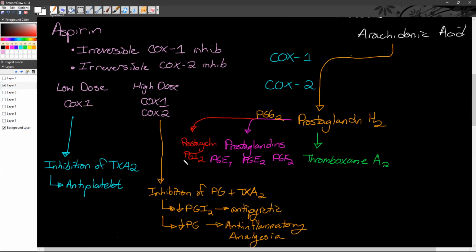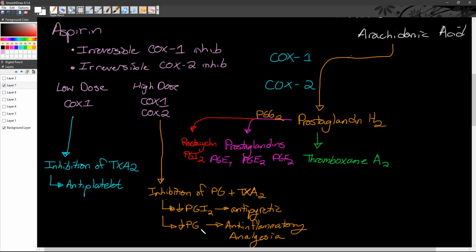We had originally talked about it in terms of aspirin, which is an irreversible COX-1 and COX-2 inhibitor, and how inhibiting COX-1 prevents the creation of thromboxane, which is antiplatelet. As you get to higher and higher doses of aspirin, you start to get more COX-2 inhibition, and that's what creates all the anti-fever, analgesia effects of aspirin.